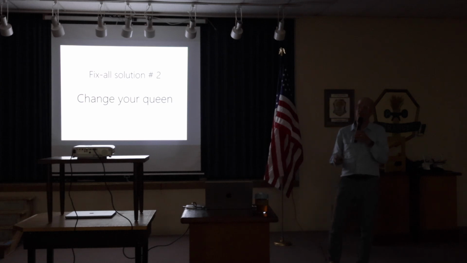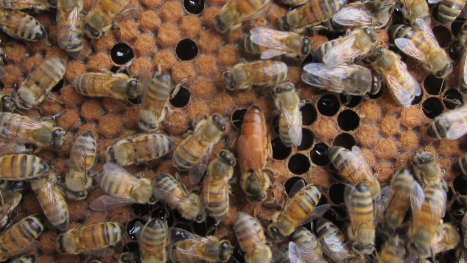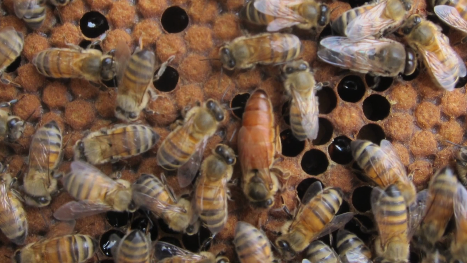We did a chalkbrood study with those packages, and the New Zealand queens always came down with chalkbrood in a Canadian climate. Beekeepers typically would just start the package with the New Zealand queens and substitute Hawaiian queens, and it wouldn't have chalkbrood. There's a clear genetic component to a lot of these diseases. So changing the queen, if you have the disease, could help.